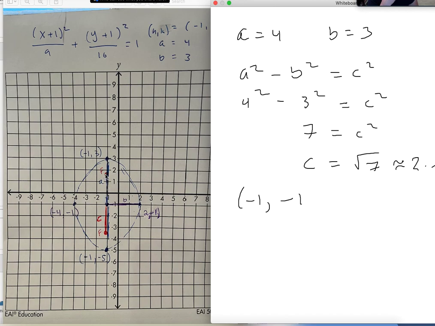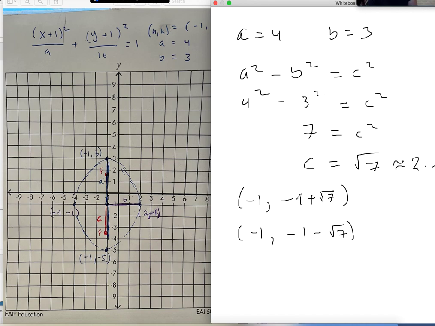And we're going up root 7, and we're also going down root 7. So my first point would be -1, -1 plus root 7, and my second point is -1, and then starting at -1 minus root 7. And then that would be where the foci are.